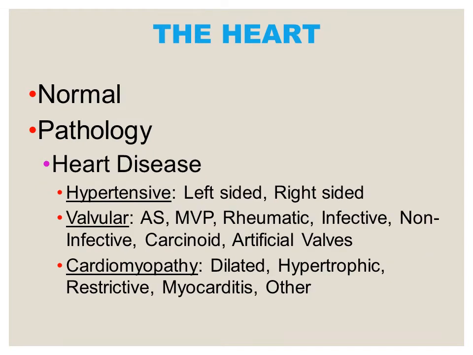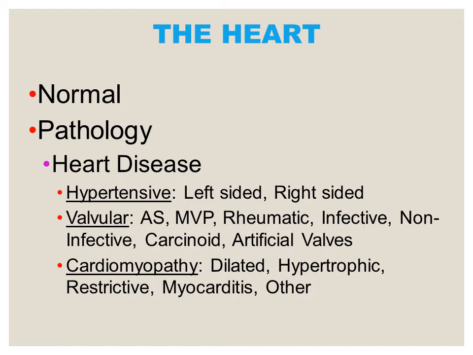Then the next diseases of the heart include hypertensive heart disease, left-sided and right-sided, and then valvular heart disease, including aortic stenosis, mitral valve prolapse, rheumatic heart disease, infective and non-infective endocarditis, carcinoid heart disease, and diseases related to artificial valves.